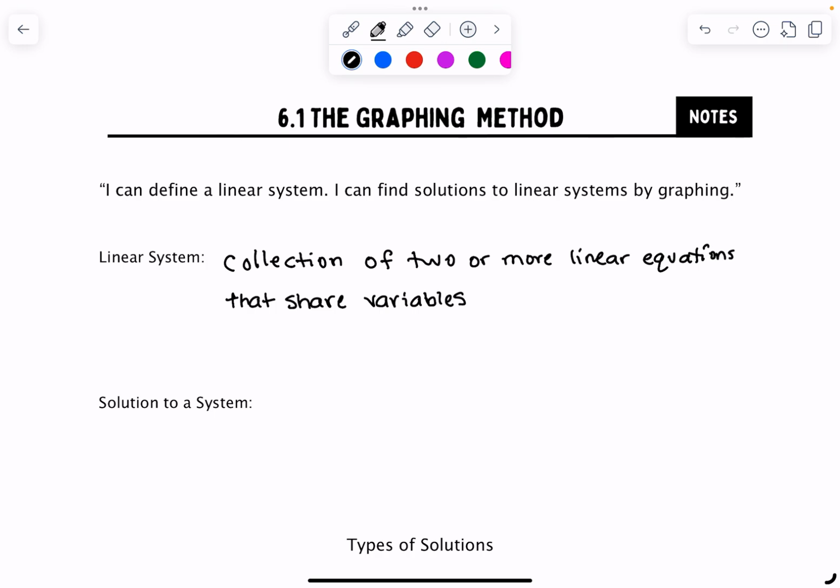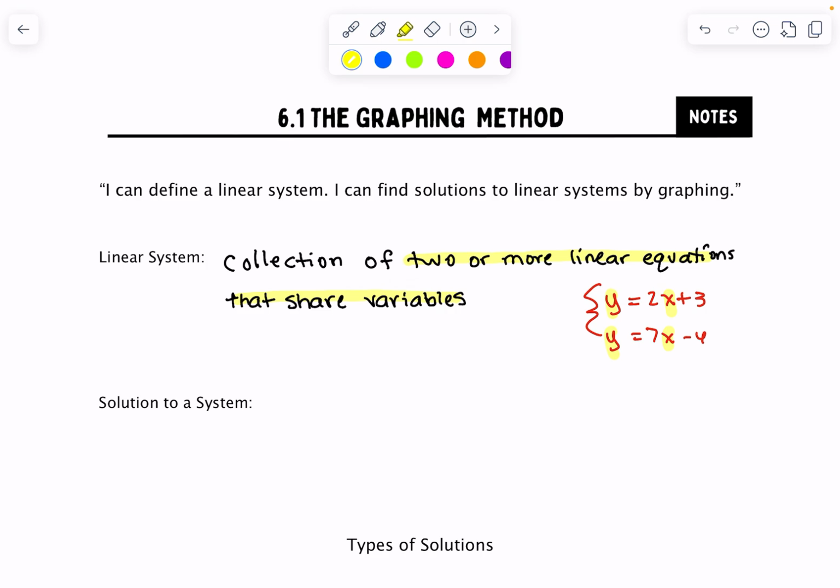For example, this might look like y equals 2x plus 3. There's a linear equation, and y equals 7x minus 4. There's two equations, so two or more equations, and notice they share an x and they share a y. They share variables. So we're now working with two equations instead of just working with one equation. I know that sounds a little scary, but it won't be as we go forward.